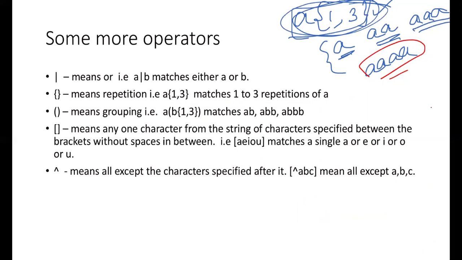The caret symbol here means all except the characters specified after it. If you see this example, caret of ABC included inside the square bracket, it means all characters other than A, B, or C. So not A, not B, not C.